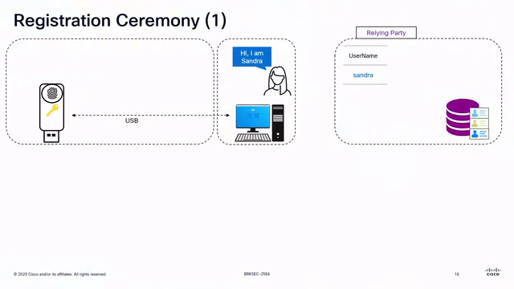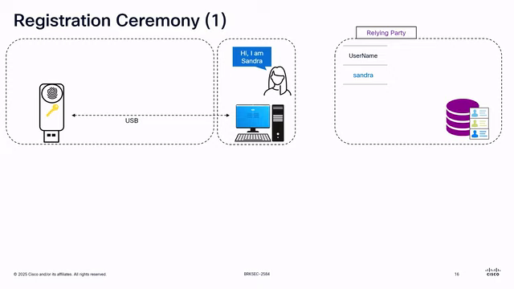So on the right-hand side, you see the relying party. It's the service the user attempts to sign in to, Cisco.com, Google.com. In the middle, the user Sandra. She operates on her thick client and is physically attached to this computer system by using USB, a security token, a roaming authenticator from Yubico.